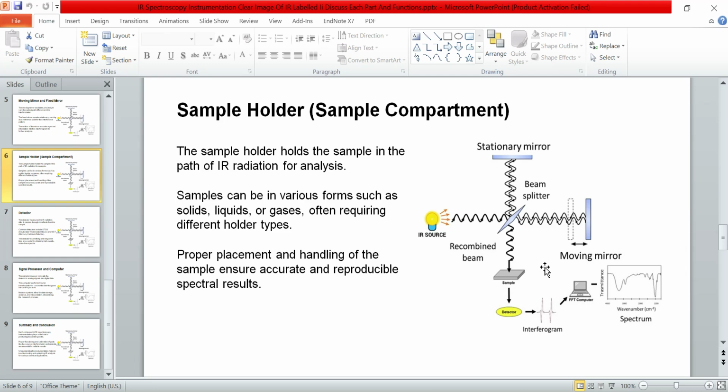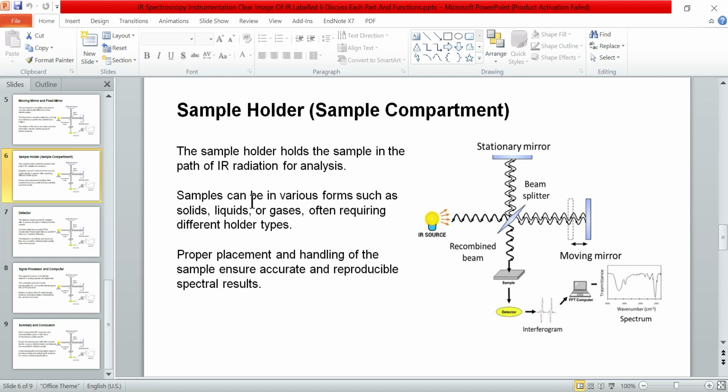We can collect a very beautiful, clear and accurate spectrum, and get the desired functional group of that compound.